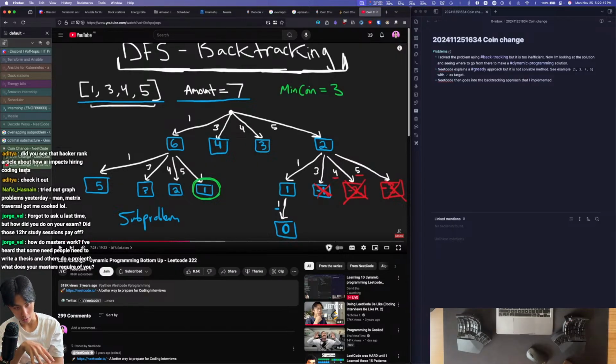At 5, the smallest that you can get is, at 7, at 2, at 1. At 1, the smallest you can get is 1.